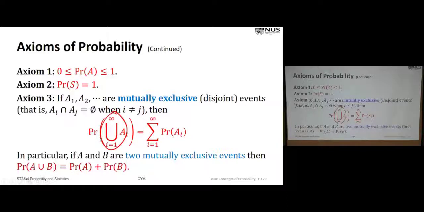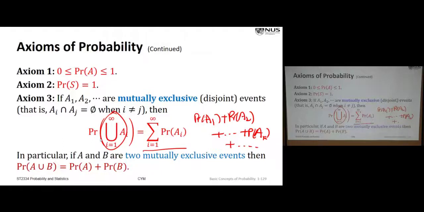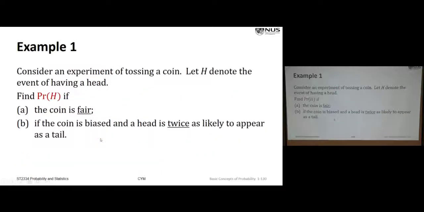And the probability of this event turns out to be the sum of the probability of A1 plus probability of A2 plus probability of AK, and I still have to continue plus. It never stops, it goes to infinity.